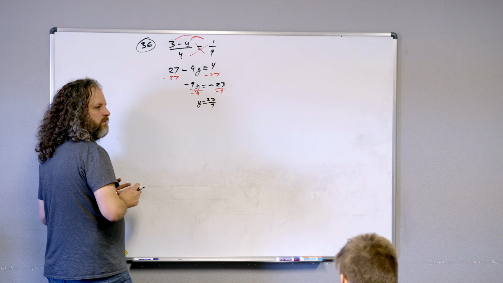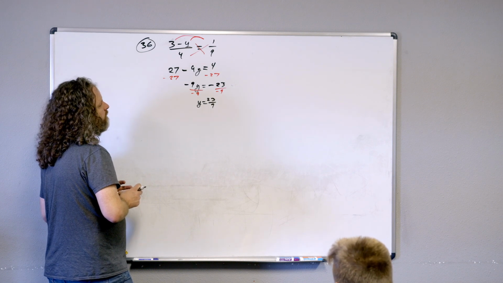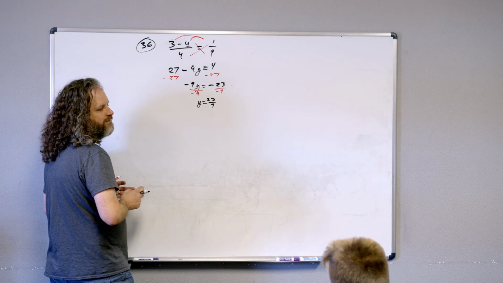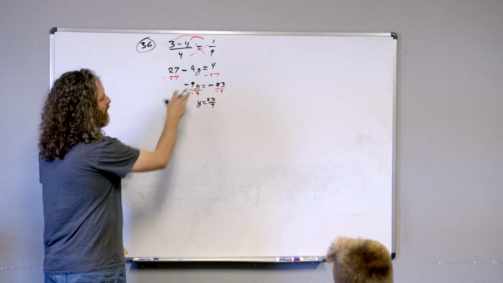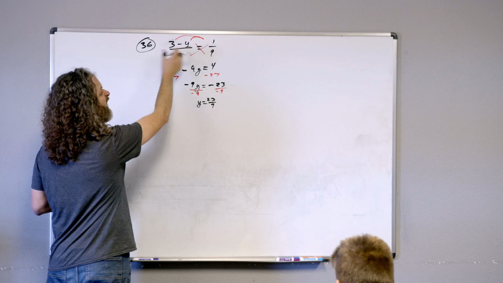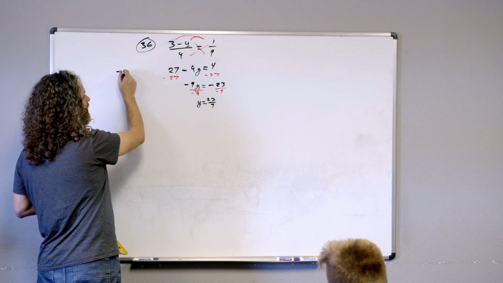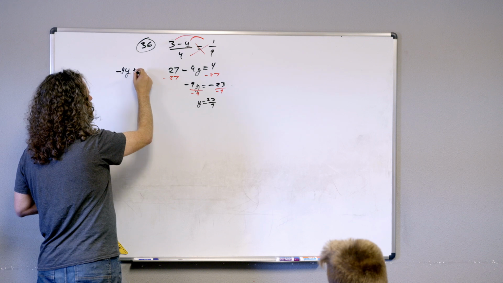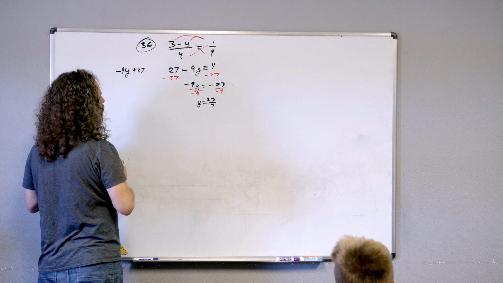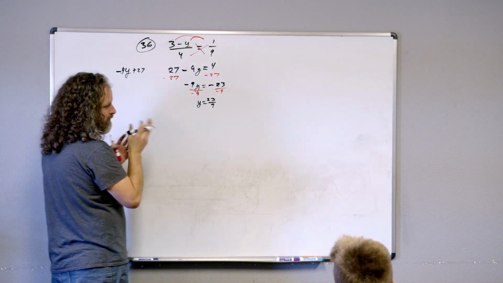9y minus 27 equals 4. You've got to keep the order right. So if you didn't like the y being there, you'd have to change it and make sure the negative follows it. So it would turn into negative 9y plus 27. So watch those negatives, make sure they stay with whatever they're supposed to be.